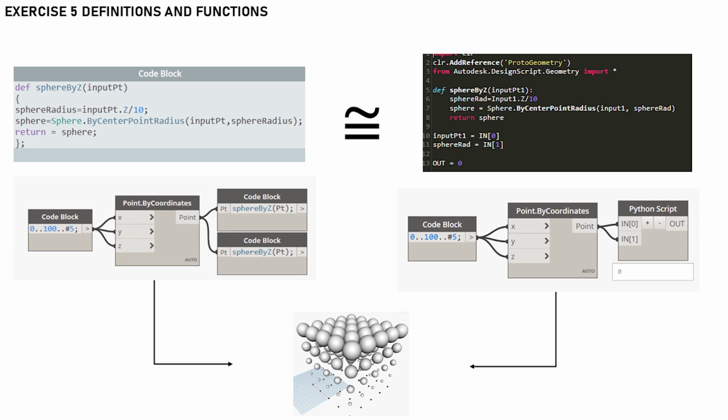As you can tell, they're very similar but different. In the design script language, you have to create the code block after the point to finish it out. Whereas in Python, to get it to run, you have to have the points as the next step after the script runs. In Dynamo's Python, it's basically built in. And here's the return equals sphere, which is return sphere. So the function is basically def function, in both of these.